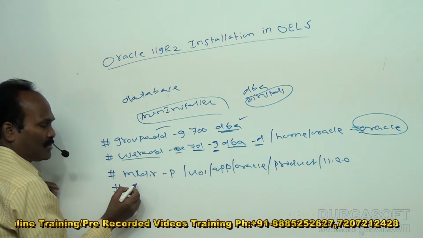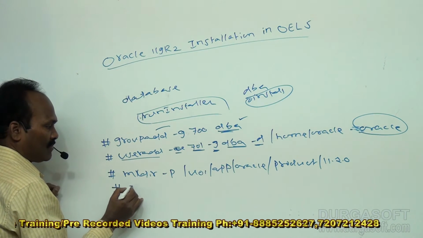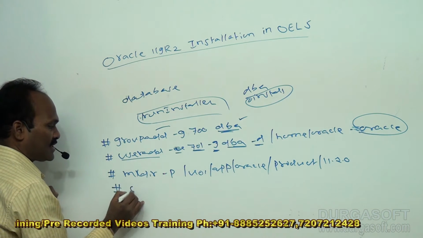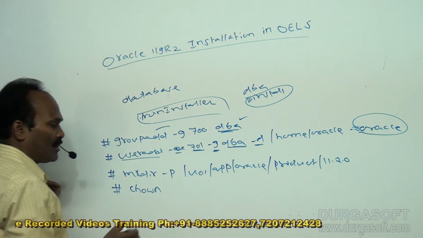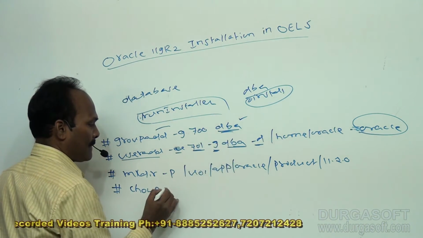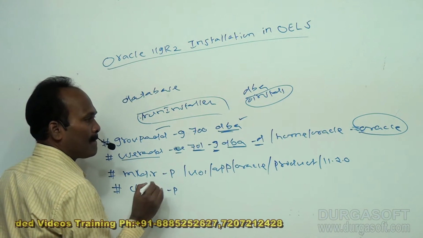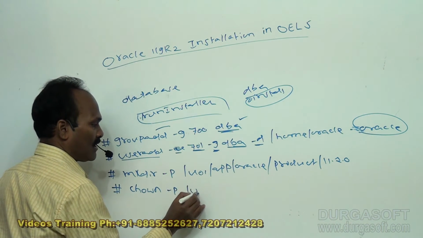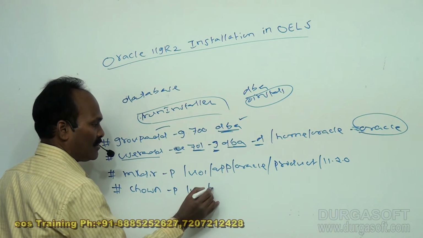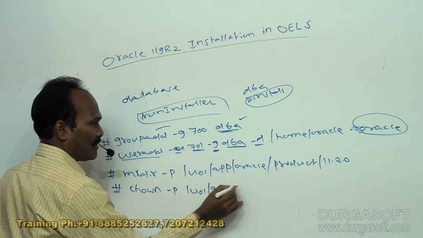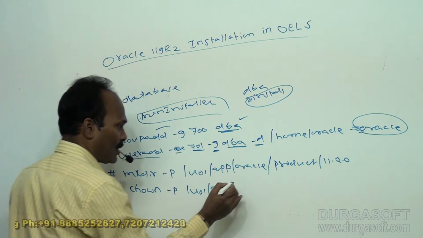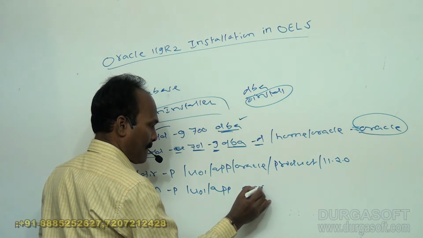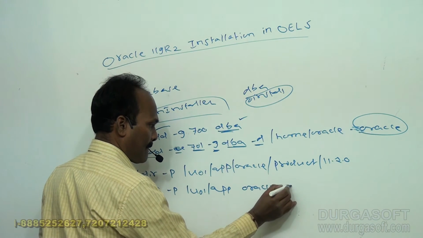How to change ownership here? You can transfer ownership by using the chown command, chown -R, and specify the directory name to be granted to oracle:dba.